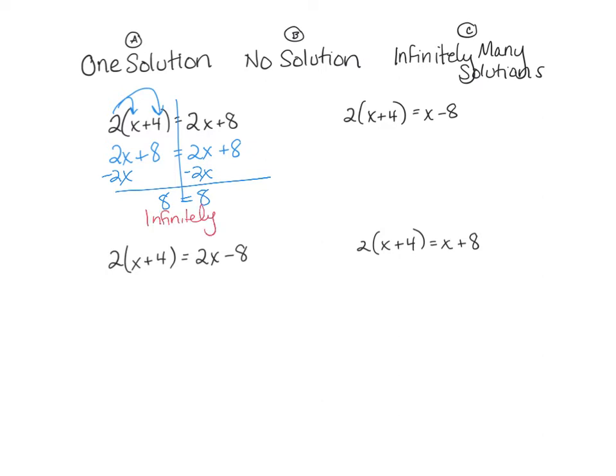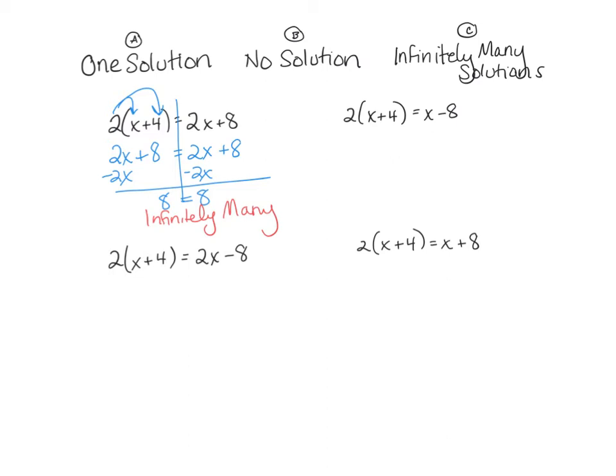I'm going to write that on there. You might want to be writing these down as examples in your notebook so you have them to look at while you're working. But what that means is it doesn't matter what I say x is. It can be any number and this equation will still be true. So let's test that out.